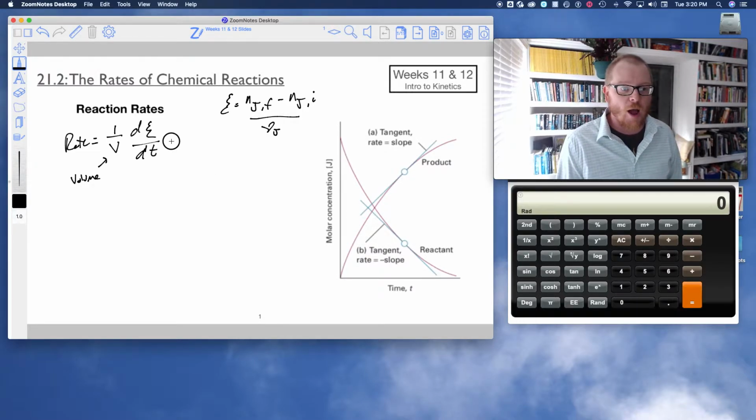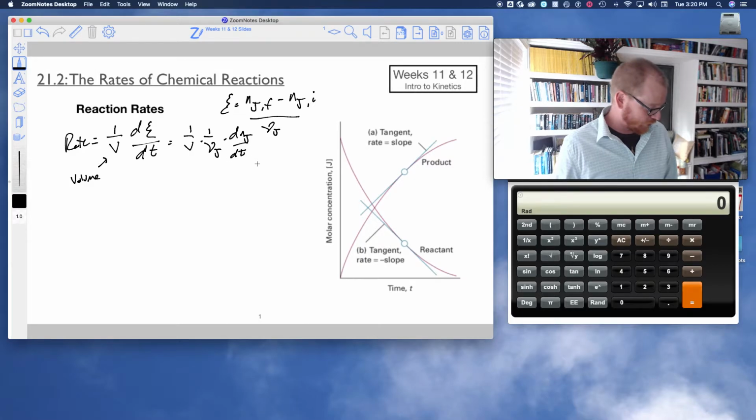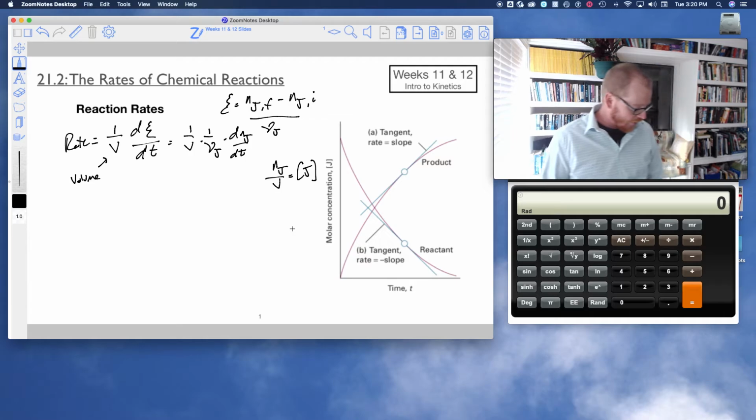Okay, so now I could still write 1 over volume times 1 over the stoichiometric coefficient times the change in number of moles with respect to time. And of course we recognize that the number of moles of species J divided by its volume is simply going to be its concentration in molarity.